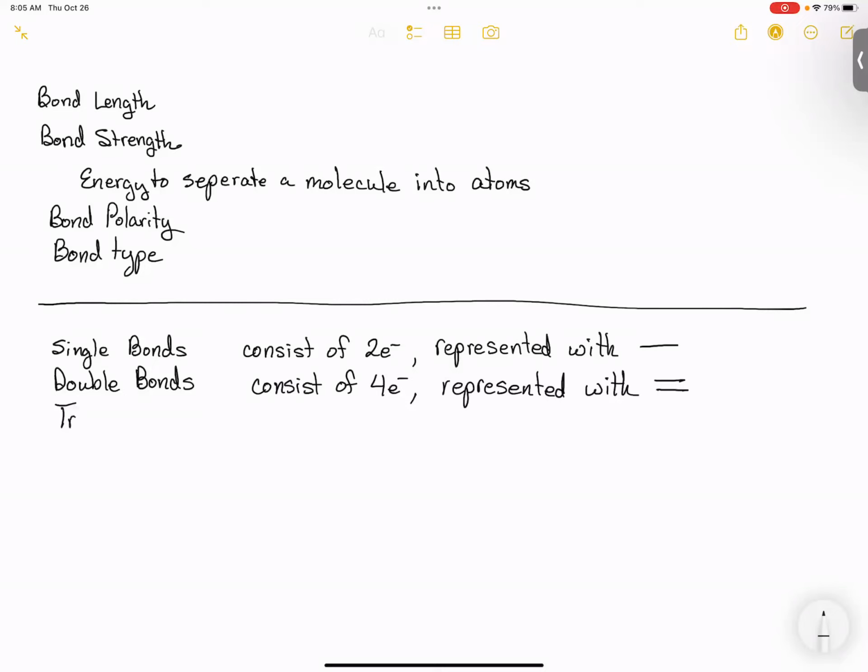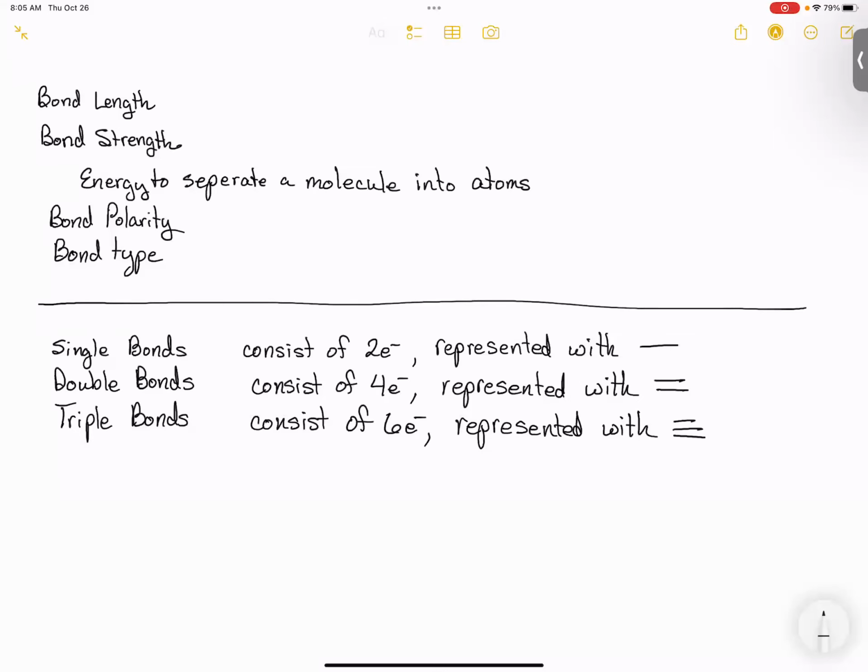And we've talked about a triple bond, which consists of six electrons and is represented with a triple line. These are the bonds that we have discussed. Now what we want to do is discuss how the length and the strength are impacted by the type of bond that you have.